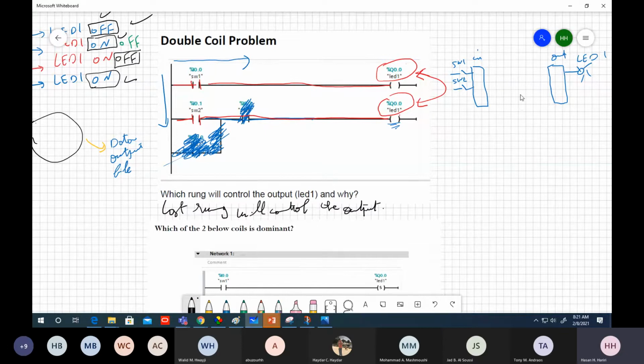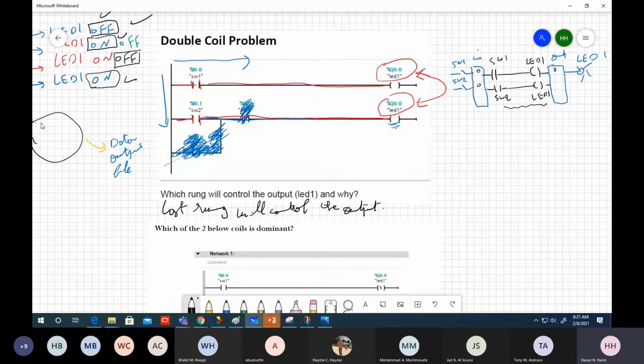Okay, let me write in different colors. That's my program. Switch 1 and switch 2 both have the same address, LED1, LED1. So that's your program which you loaded to the processor of the PLC. You give switch 1 this address and switch 2 this address, and those share the same address.